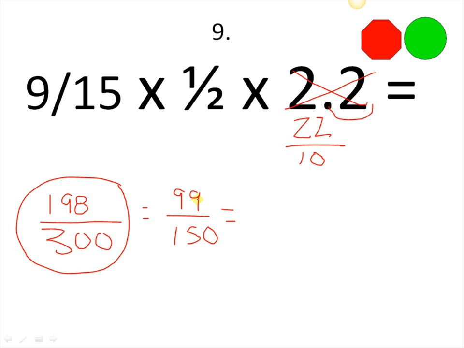So 3 times 33 is 99, and 3 times 50 is 150. I have a 3 in the numerator, and I have a 3 in the denominator. They cancel each other out. They just become 1. And so now I have 33 over 50.